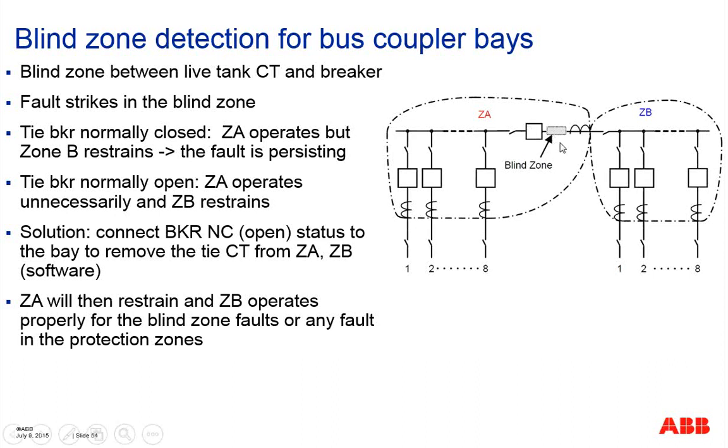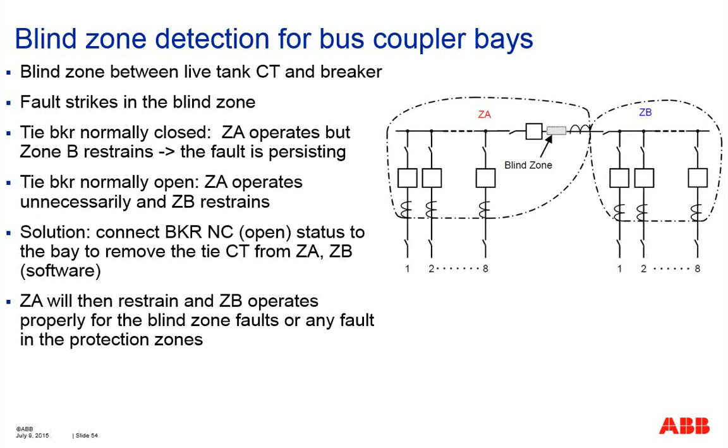Now, let's say the breaker is normally open. You do not want zone A to overtrip, because it doesn't serve any purpose. You could have this part of your busbar in service as usual, undisturbed.